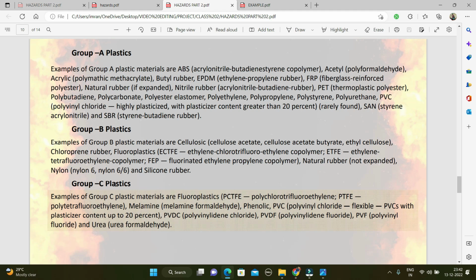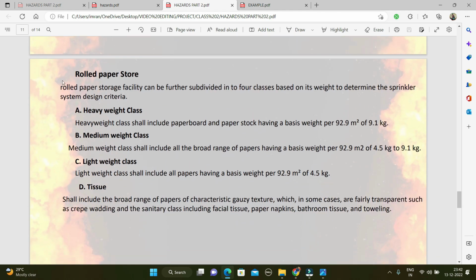Okay, so we already explained about plastic. Also rolled paper store. See, many types of paper we see in our daily life, like roll paper and napkins or tissue.